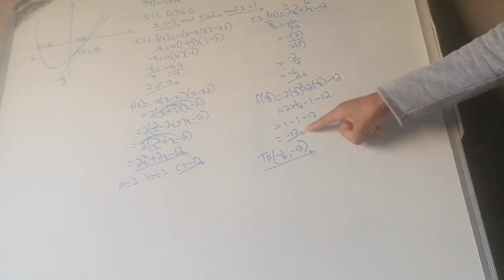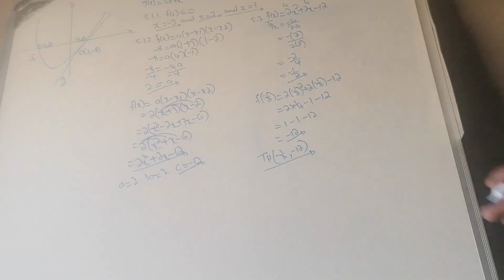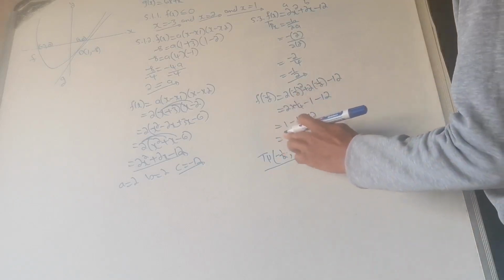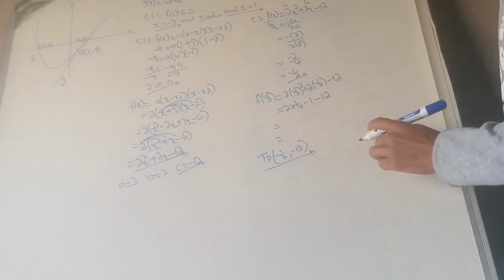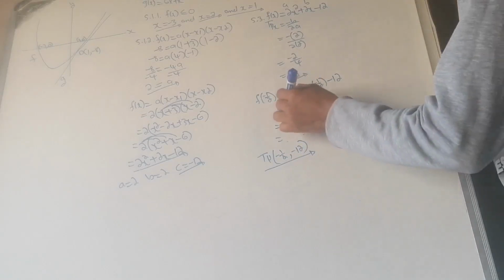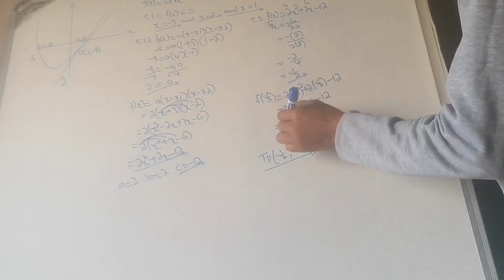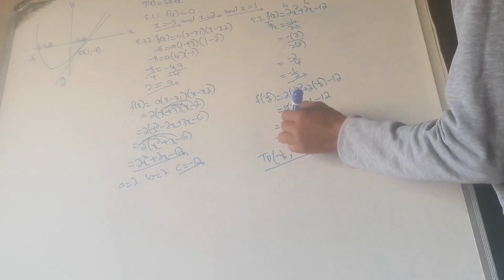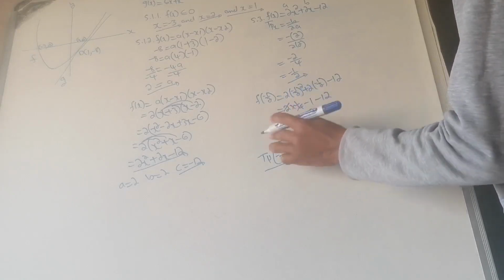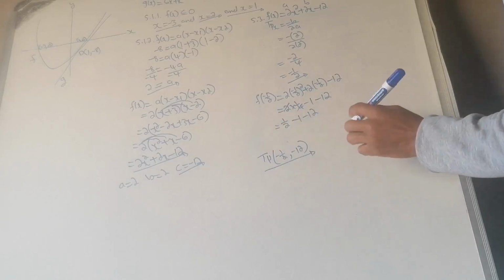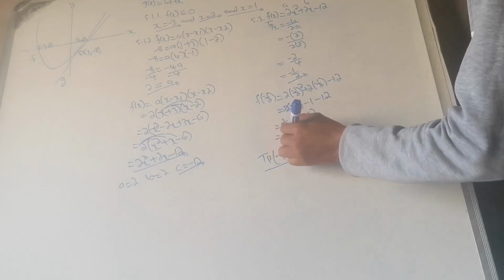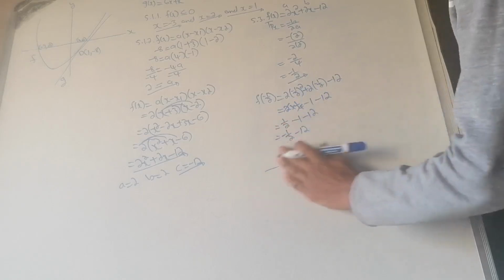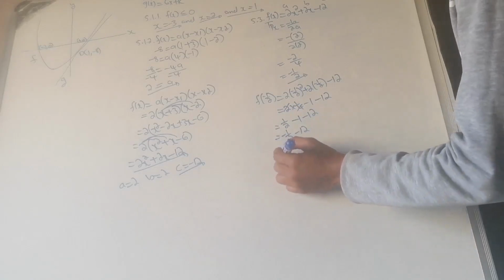Now I made an error in the value. 2 times 1/4 is 1/2. So 1/2 minus 1 minus 12 gives minus 1/2 minus 12. You have got negative 12.5.